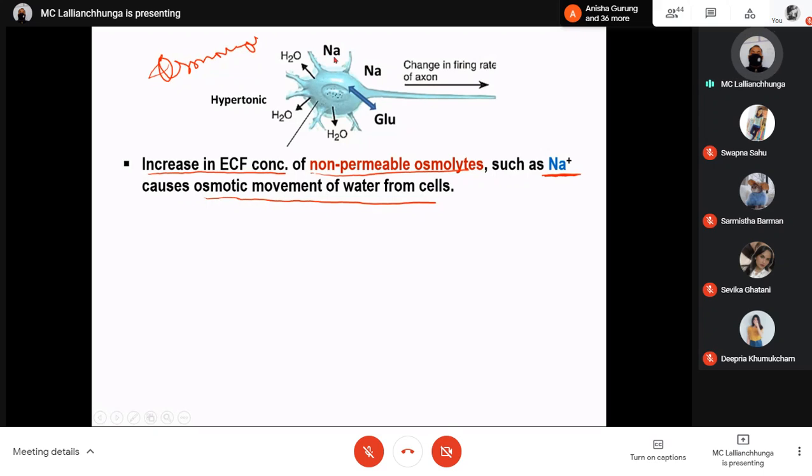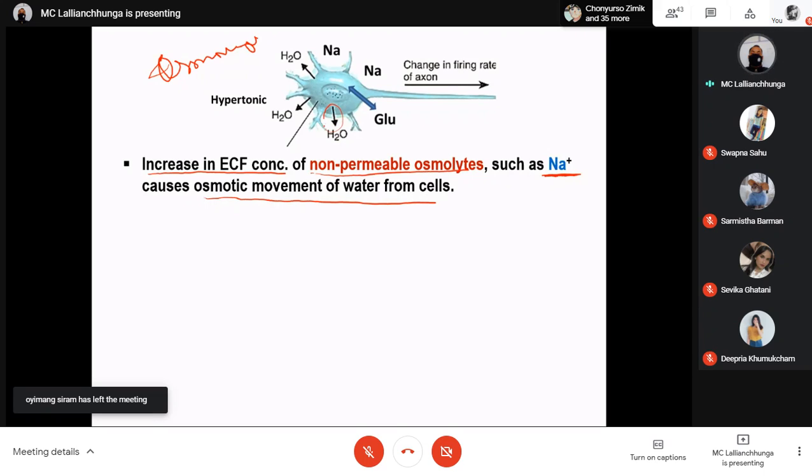If the sodium concentration has increased outside of the cell, it will lead to osmosis of water. Water will move out of the cell.